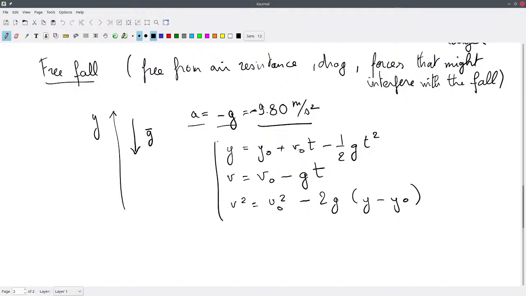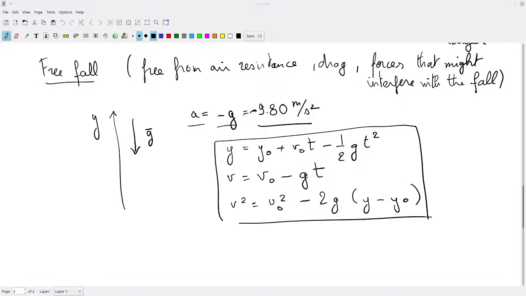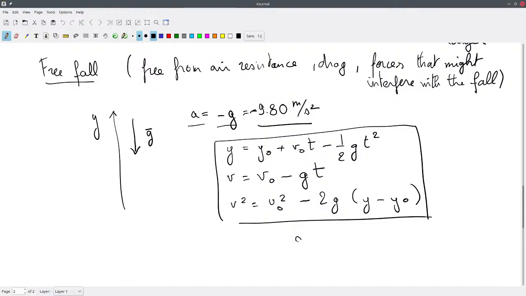Those are the exact same formulas that we've talked about for the horizontal problem, but now they're applied to the vertical problem of free fall with a equals minus g, or minus 9.8 meters per second squared.